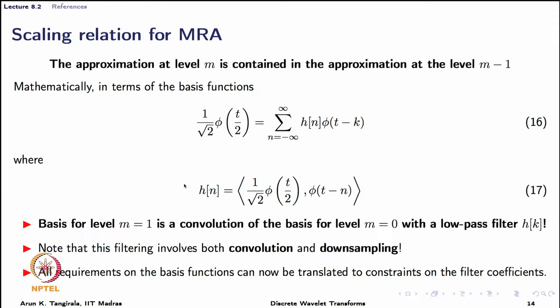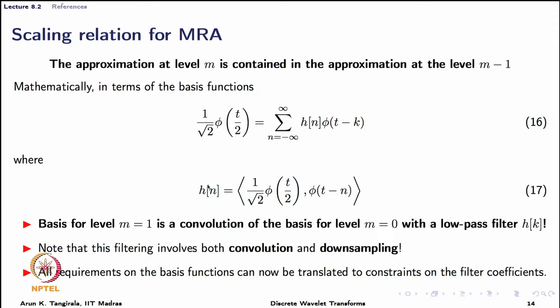But for now, what is important is to remember that these coefficients h are nothing but our low pass filter coefficients. Why are these low pass filter coefficients? Because as we go from V0 to V1, we are constructing another approximation, a coarser approximation, and approximations are always generated by low pass filters.